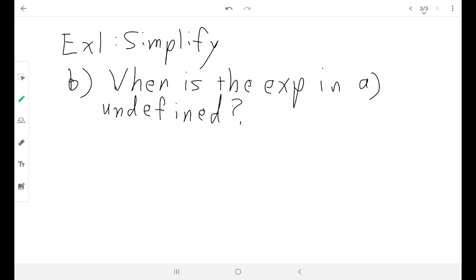And we said that was when x equaled 3 and when x equaled 6.